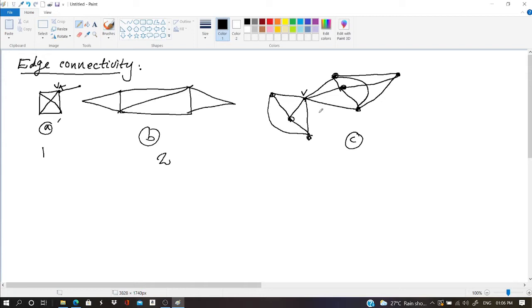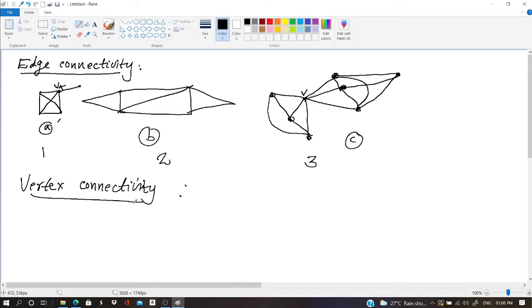Okay, now we can move to the next definition, that is the vertex connectivity. The vertex connectivity of a connected graph G is defined as the minimum number of vertices whose removal from G leaves the remaining graph disconnected.